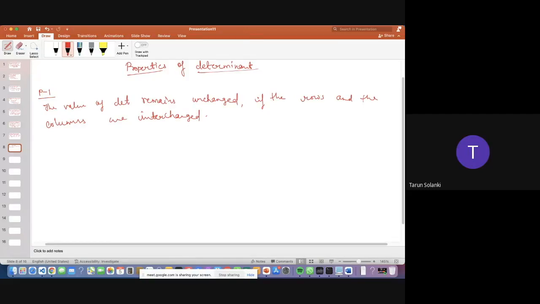It is denoted by this symbol and called transpose. So let us look at one example.